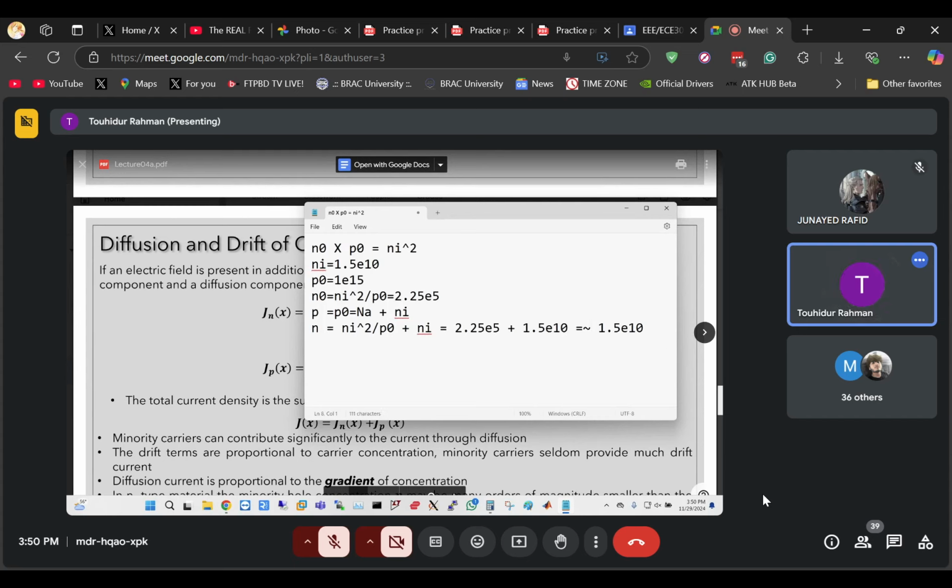Sometimes a visual explanation works better. Do you hear any noise in the background? No, sir. All right, good. You're lucky, because I think there is construction going on somewhere, so I can hear the noise. Okay, so this is how I'm going to explain.